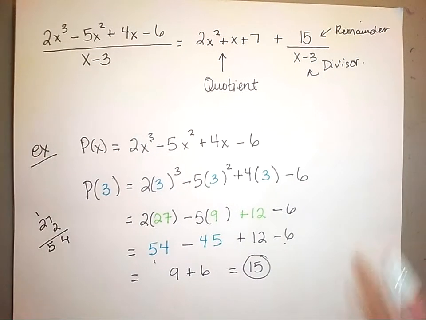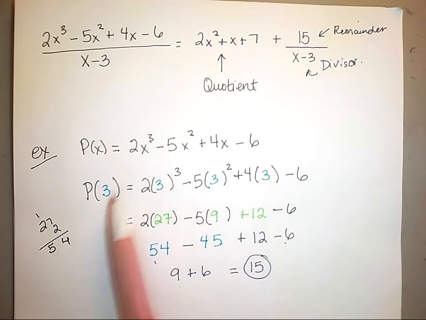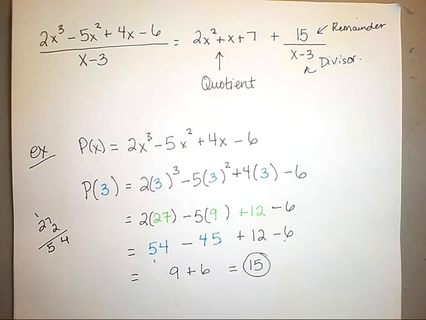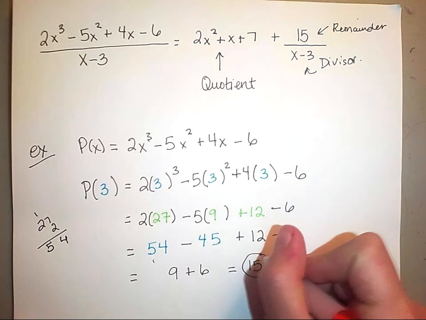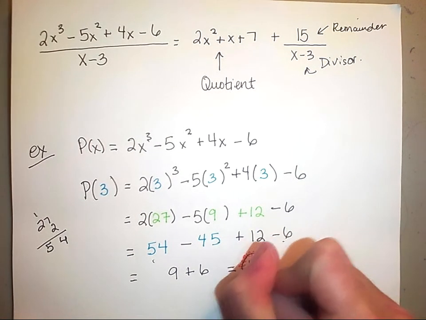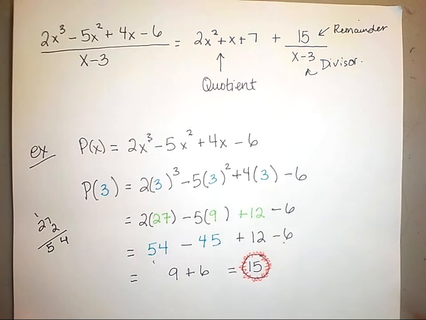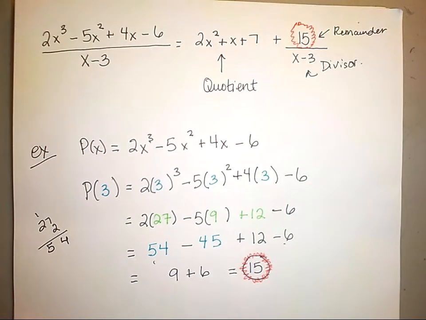What are the similarities from our division problem that show up here when we evaluate P of 3? Well, one thing we can notice is that we have the number 15 here as an answer, and 15 was also the remainder.